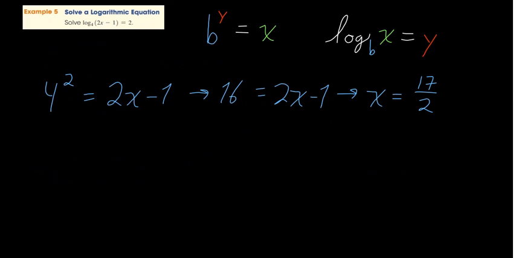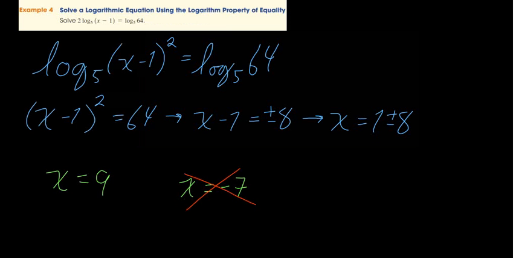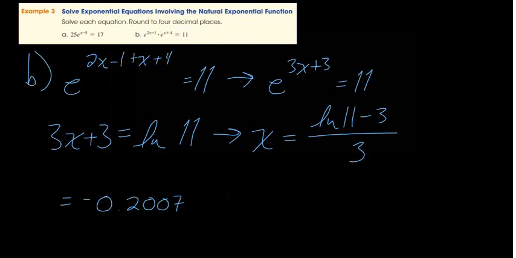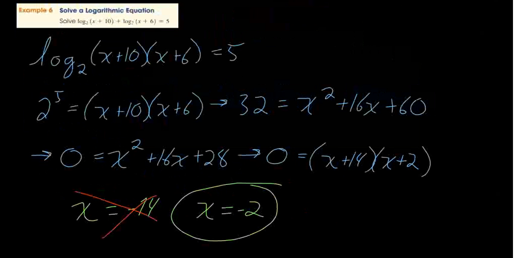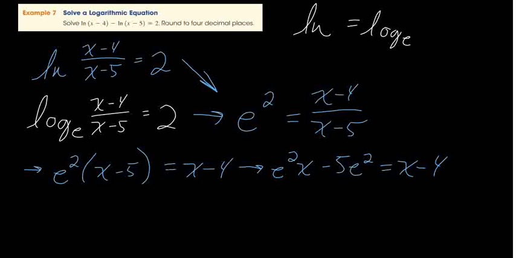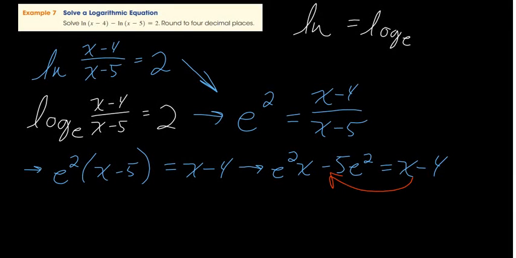So this is very similar to a problem that we did earlier, where we had to isolate the x's. So I'm going to have to move this x to this side, and I'm going to factor it out, and then I'm going to go ahead and move this 5e squared to the right side.